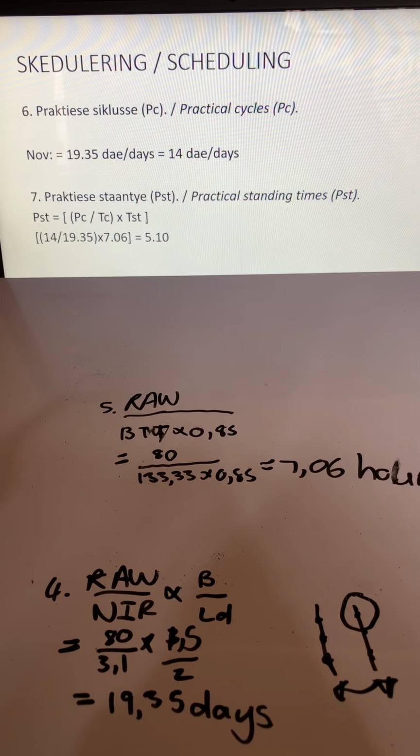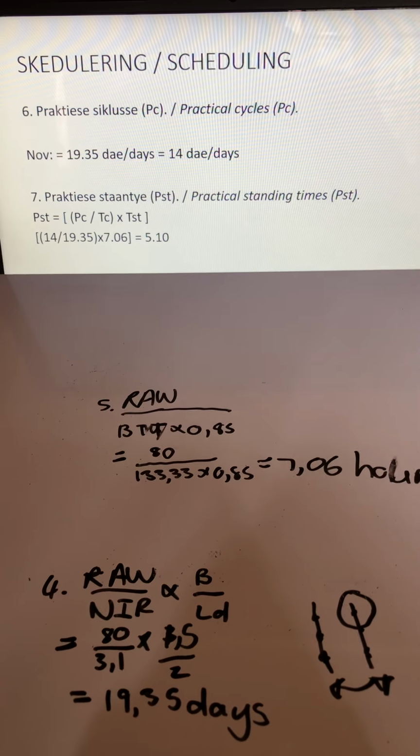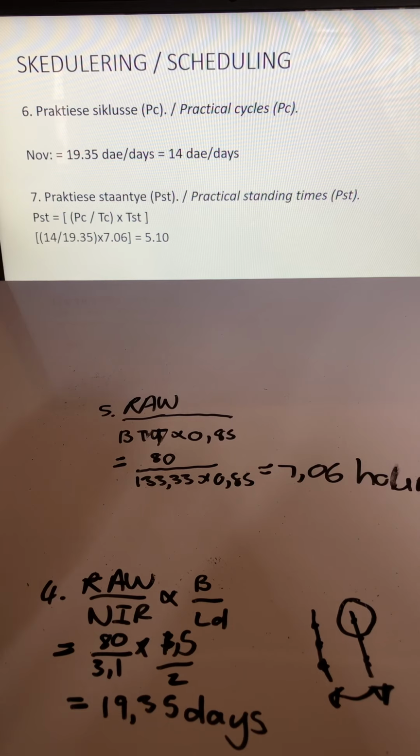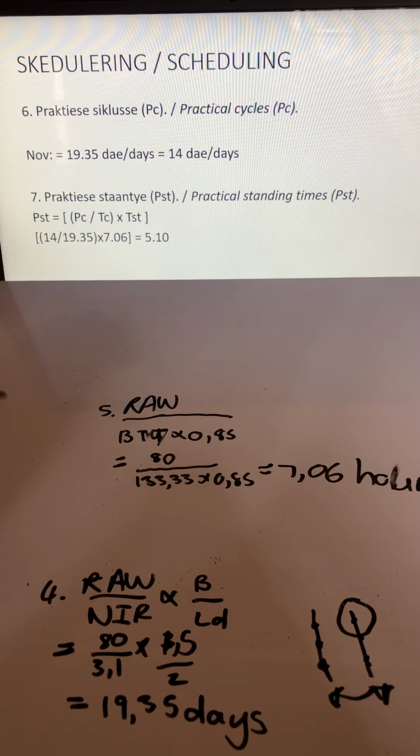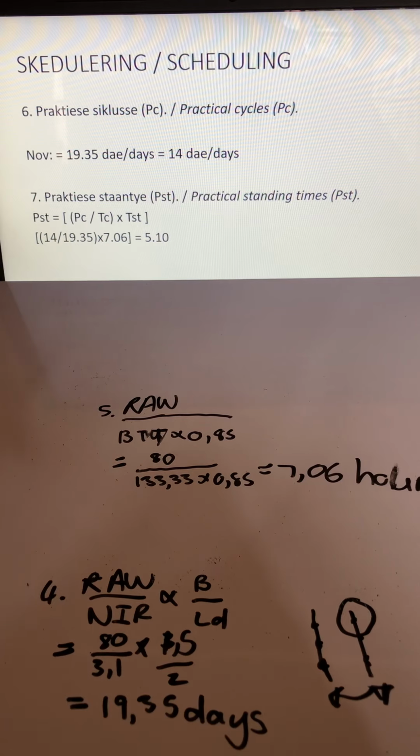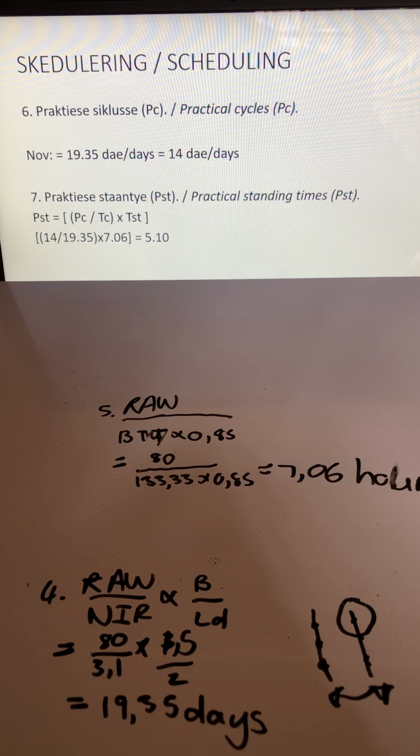So we'll look at the requirement, and you can see that it's 7.06 hours in a day. And if you think you've got 9 to 10 hours a day to work in, if you had to choose for this 19.35 days, how many days would you put it in? 14 or 21 days?